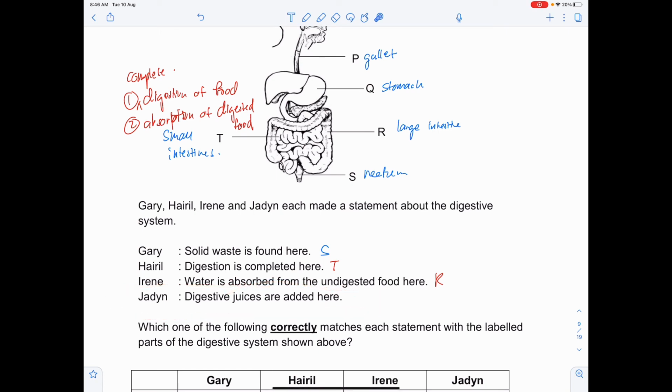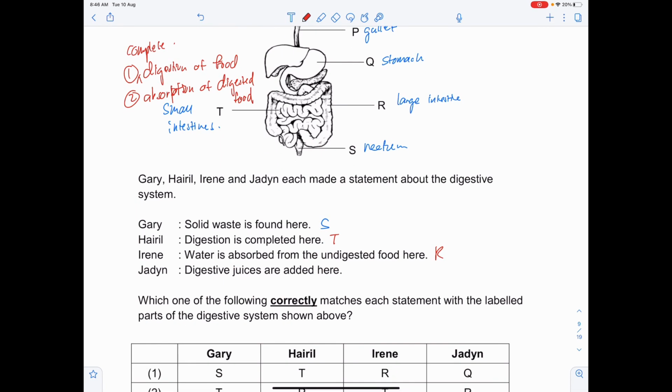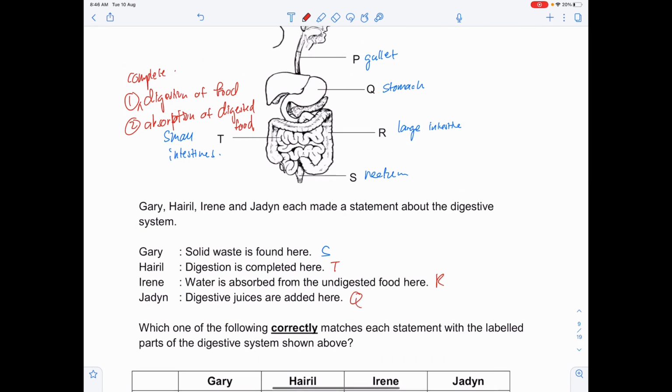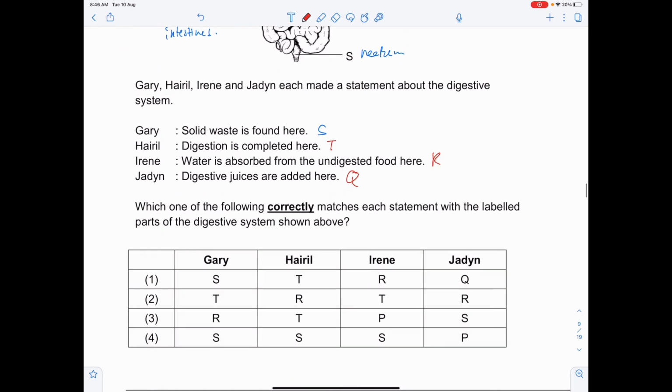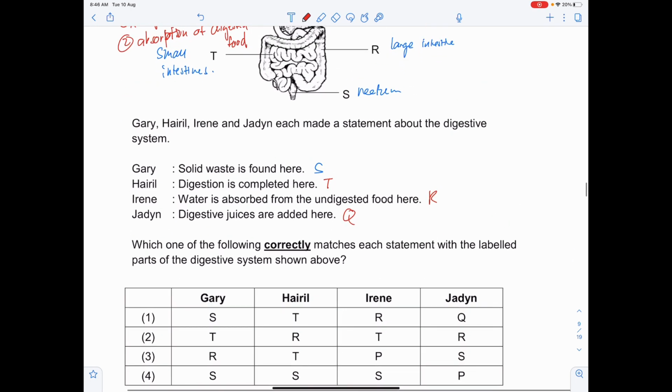It could be Q, it can also be T. Both your small intestines and your stomach do add digestive juices, but since T has already been used up for this, we're going to go with Q, because T has been used up. So then we cross check, and the answer would be number 1.